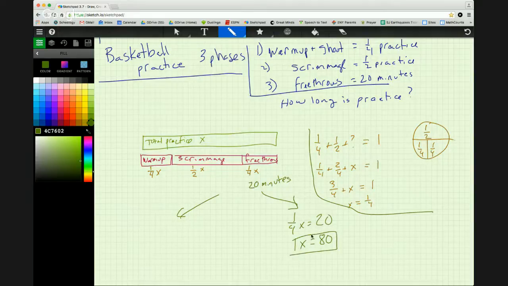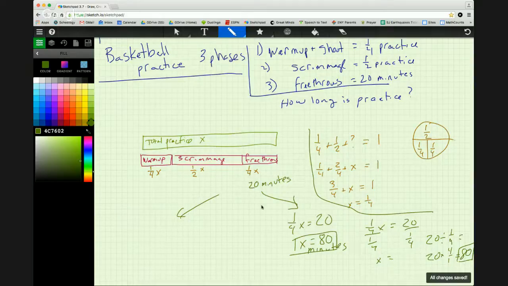We can do it with more fancy algebra: 1/4 of x equals 20. Divide both sides by a fourth. That's x equals 20 divided by a fourth, which equals 20 times 4/1 equals 80. It's another way to get at your answer. So here I think that practice must be x equals 80 minutes.